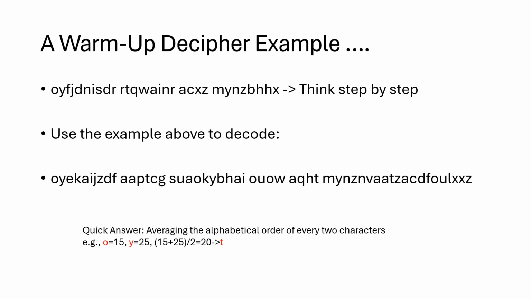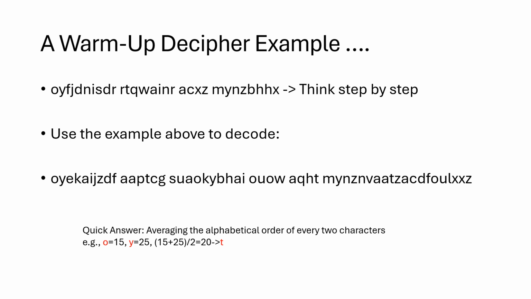We take an average of them, and this gives us 20. And T, the first character in think step by step, is actually the 20th character from A to Z. So this explains how we can do this decoding, and let's see whether a language model can do this.